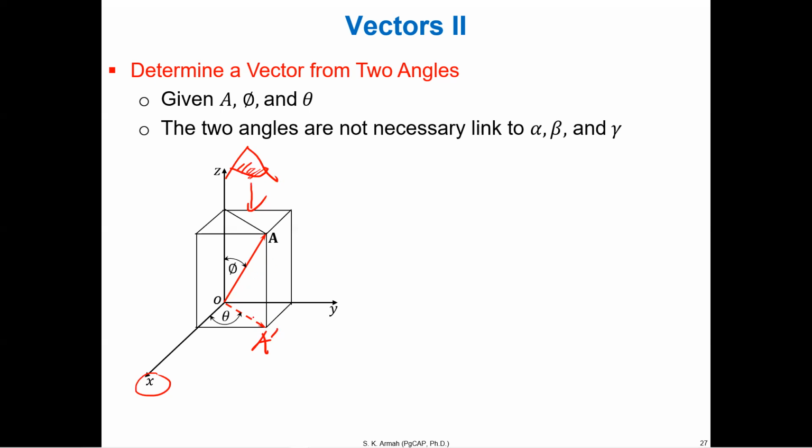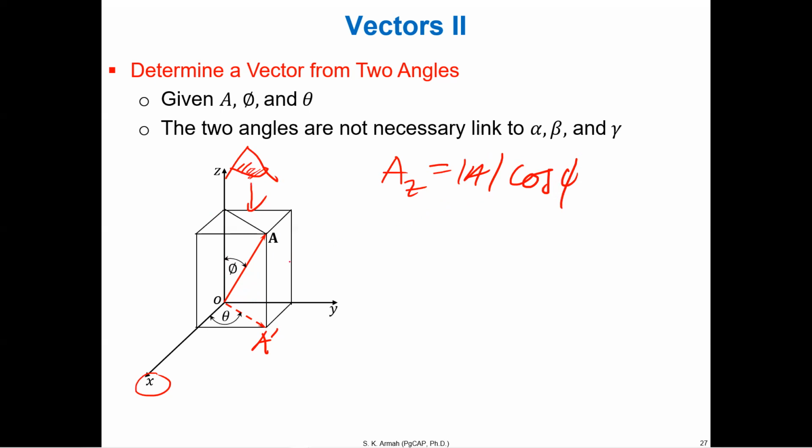So now what I can do is that because vector OA is making an angle phi with the z axis, we can easily find the component Az, because the angle is with the z. So that side is the magnitude of A cosine phi.